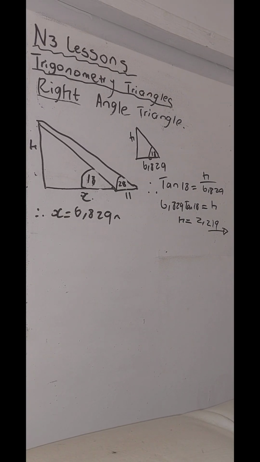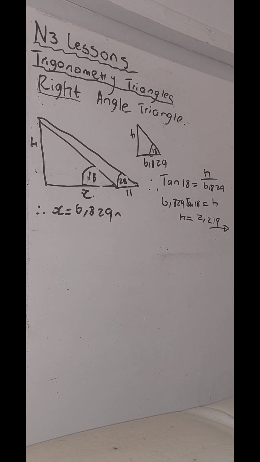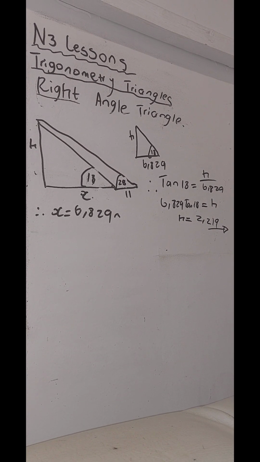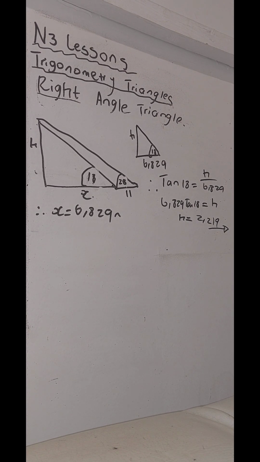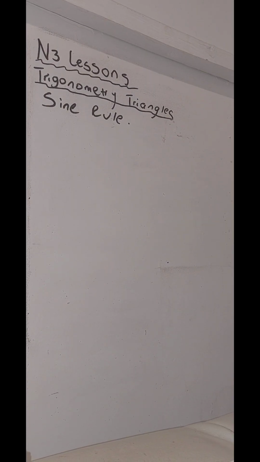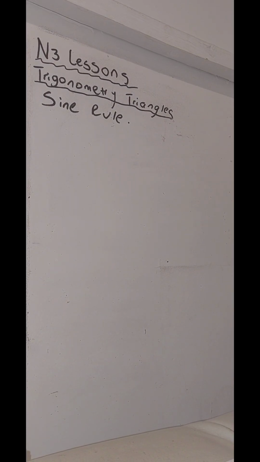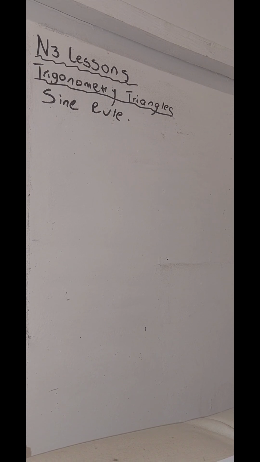Yes, guys, that's it. We found the length and we found the height. So now let's move to another triangle. So guys, when we are not dealing with a right angle triangle, we don't use Pythagoras, we use the sine rule. What does it state?